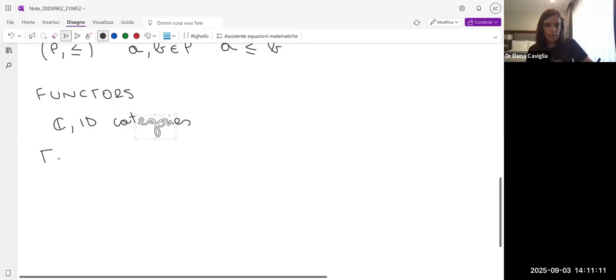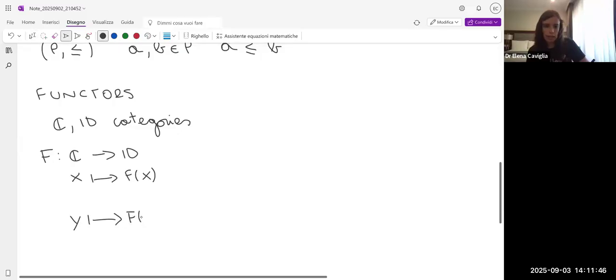A functor F from C to D is going to send every object in the category C to an object in the category D. So it's just a function sending X to F of X, which is an object in D. Now we can have another object Y, and it gets sent to F of Y.